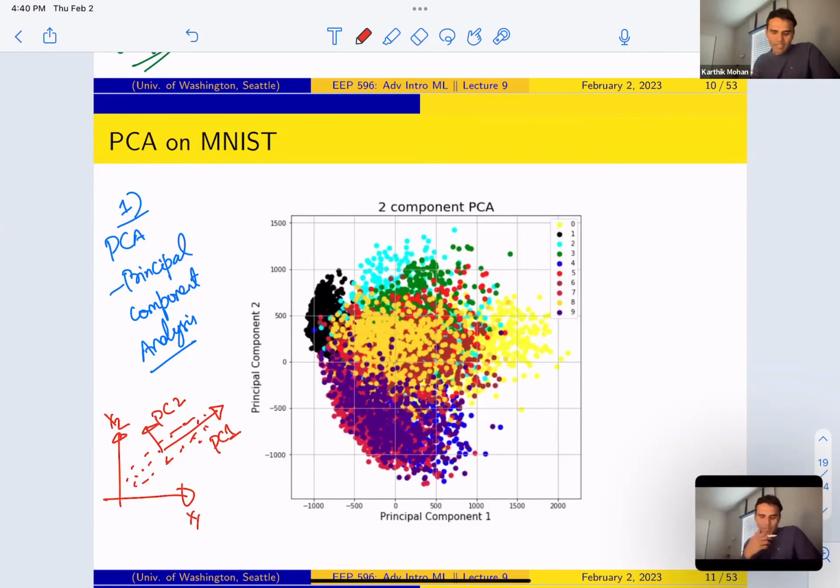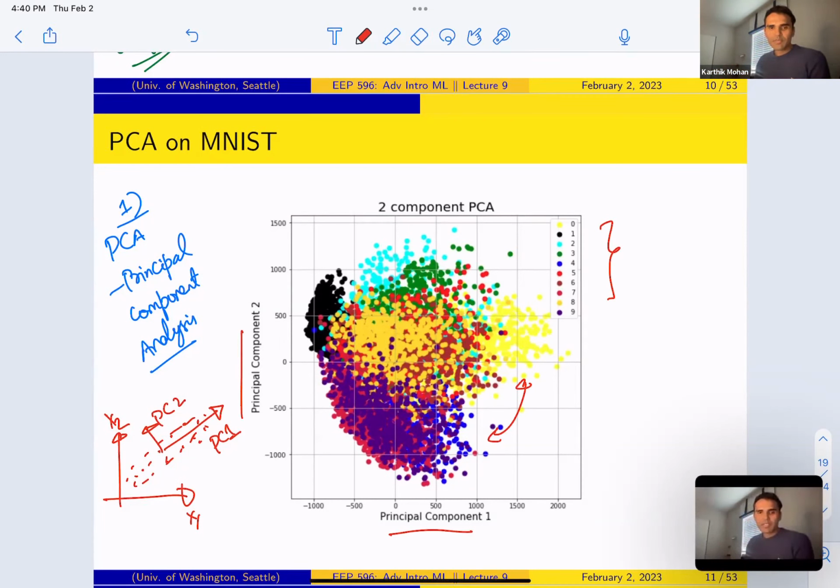So if you did PCA on these images, and then you were to plot the first and second principal component, it's all meshed up. You can say, okay, the purple ones seem to be different from the yellow ones, or they kind of separate, but then there's a lot of overlap. So you're not able to say the zeros look different from the ones, look different from the twos. It's all kind of meshed up here.